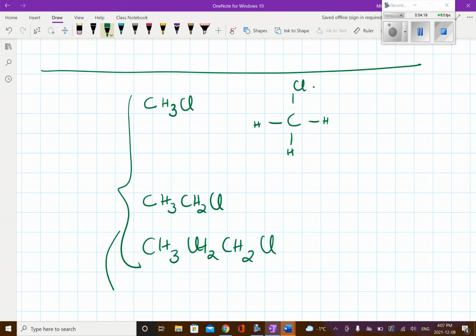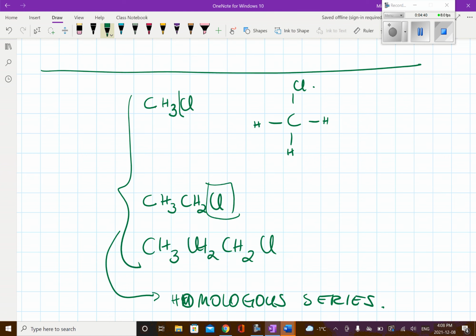Those are known as homologous series, and the difference between them is only that the molecules are becoming bigger and bigger, but they will behave in a very similar way because they all have this as the ending.